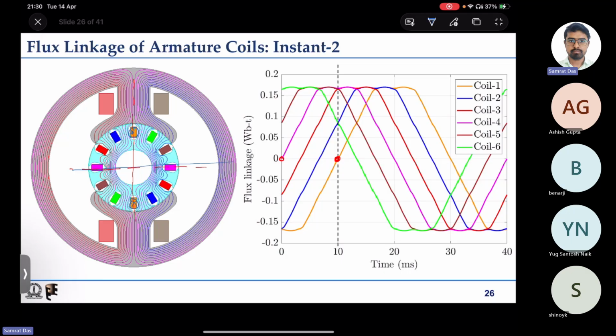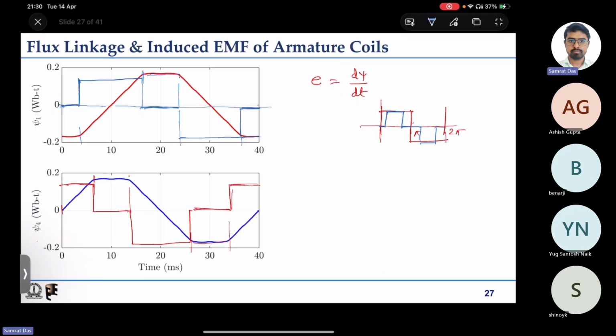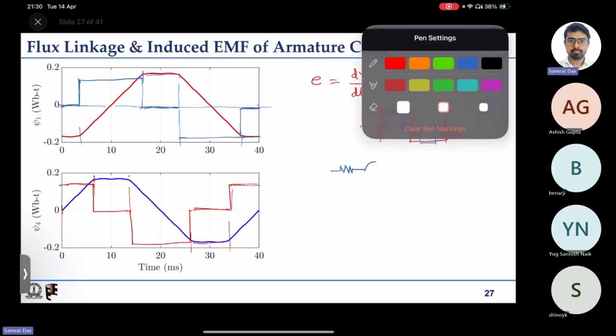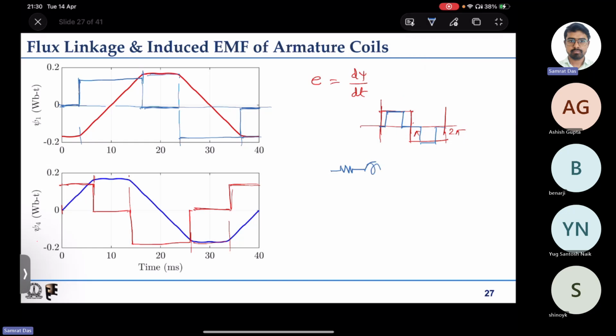If you see one coil individually, then for each coil, in the equivalent circuit, you will have to put a small resistance for the winding, then some inductance, and then some induced EMF.